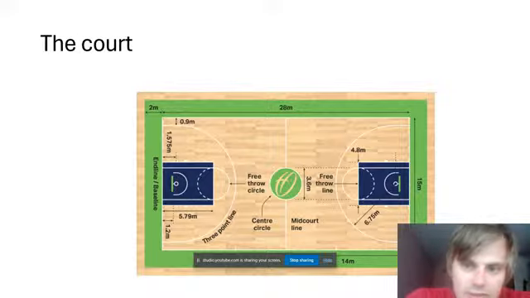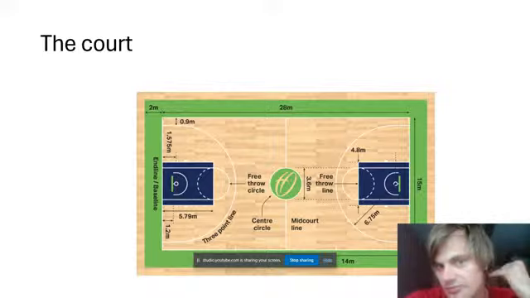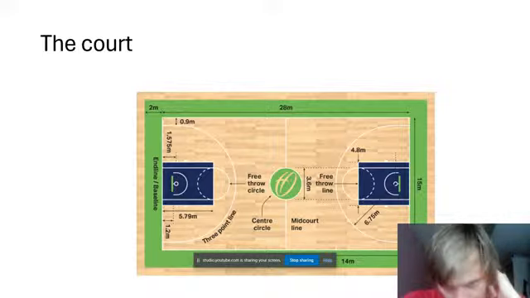As we can see, the width of the corner zone is 90 centimeters.